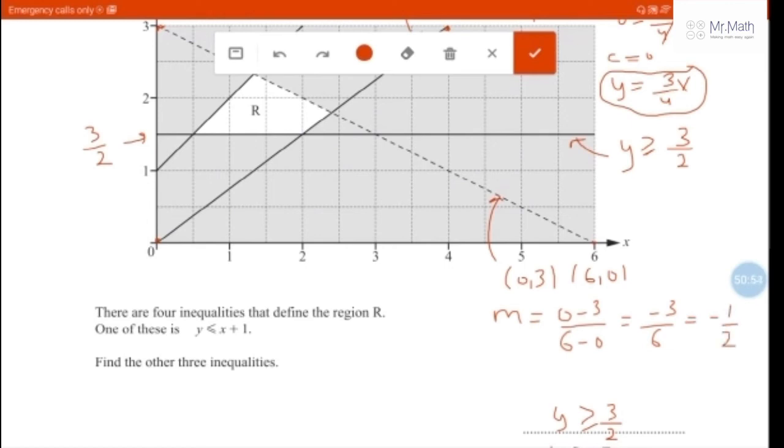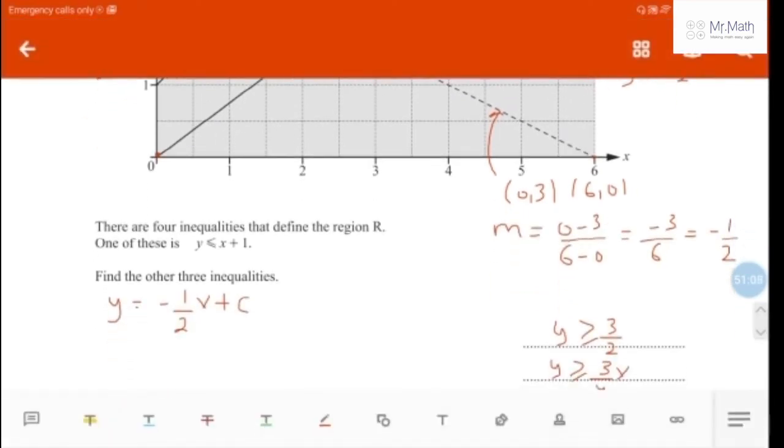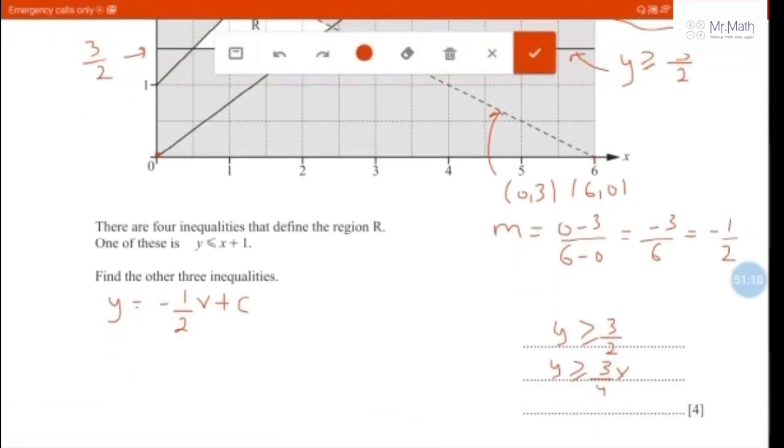Now, I will write the equation as y equals negative half x plus c. And to find c, I have to substitute either of the 2 points, so either 0, 3 or 6, 0. So I'm going to substitute 0, 3.